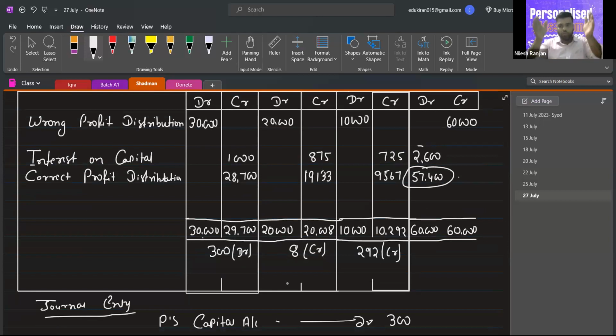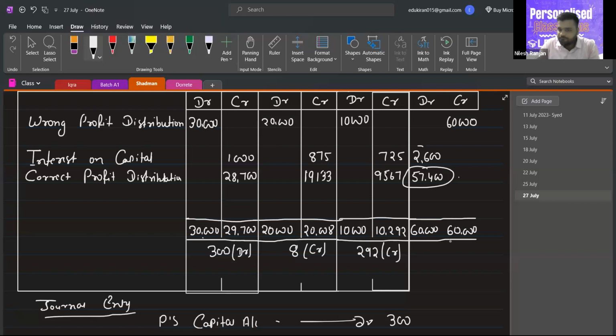First, we calculate the total of the debit side and the total of the credit side separately, and then we compare both amounts. Whichever is higher is written as the total on both sides. So 60,000 is higher, so we have written 60,000 in both side totals.